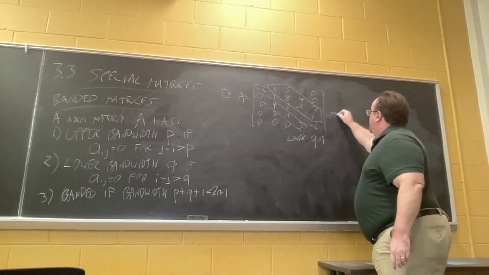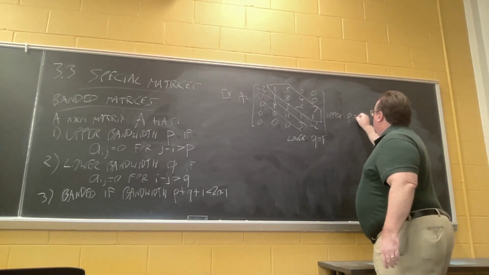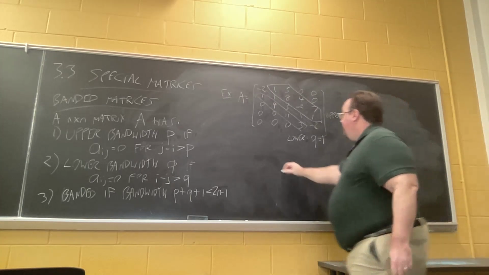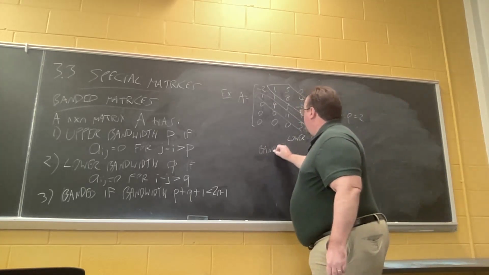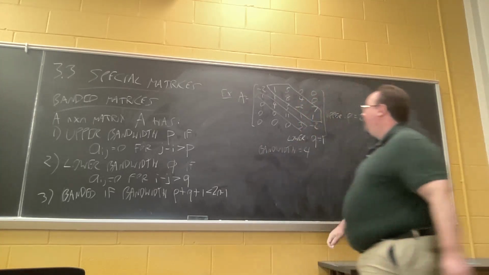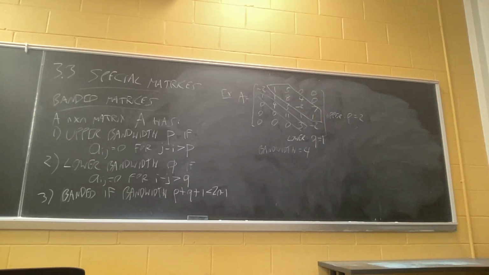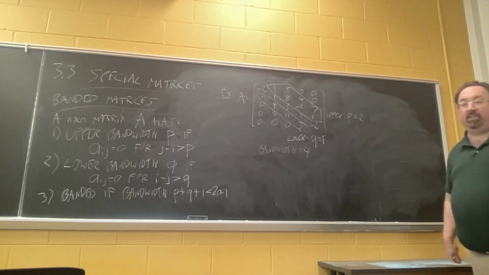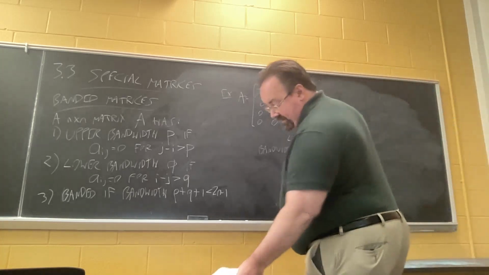So the upper bandwidth is equal to 2. So the bandwidth of this matrix is 4, because we throw in the main diagonal. So there are 4 diagonals that hold all of the non-zero entries in this matrix.